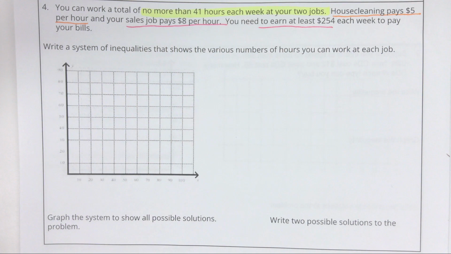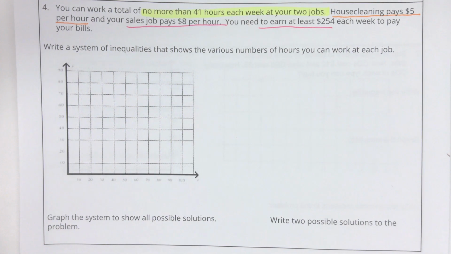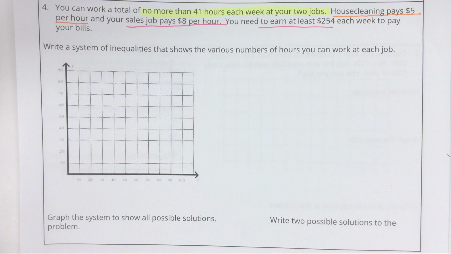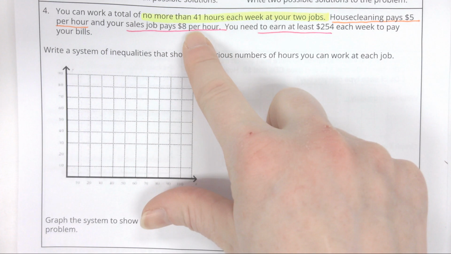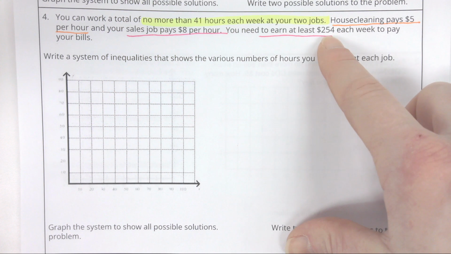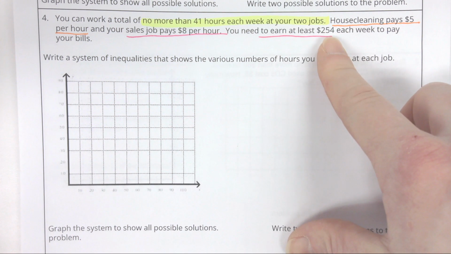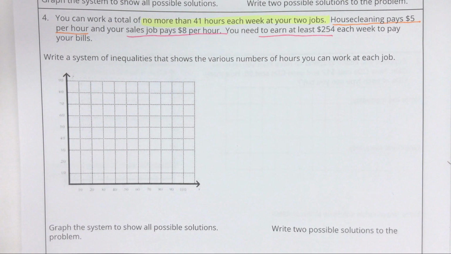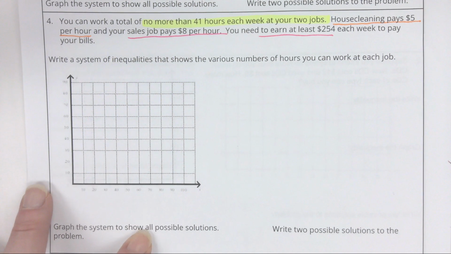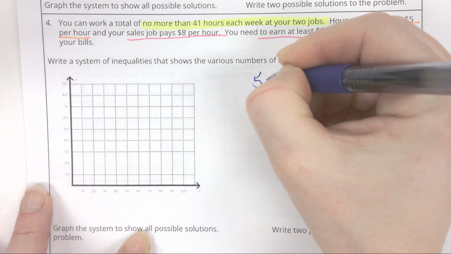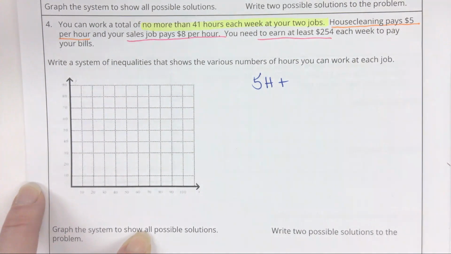I told you a little hint before about money. When we're writing two equations, same thing for inequalities, if you have money plus money, it has to equal the money. So if I'm using the $5 per hour and the $8 per hour, I need to put it with the money, the $254. House cleaning, $5 per hour. What should I write? 5H. Sales job, $8 per hour.